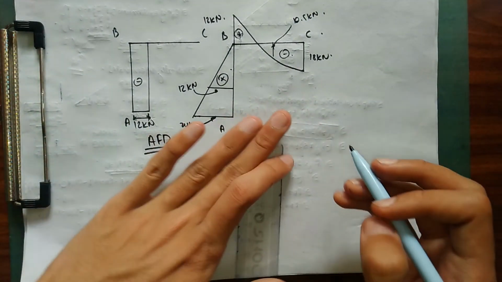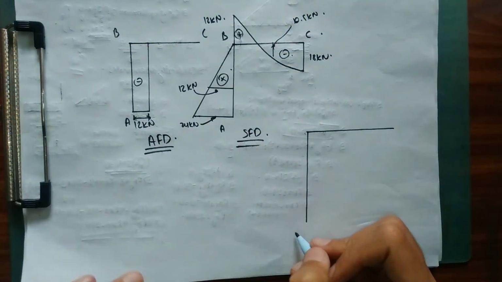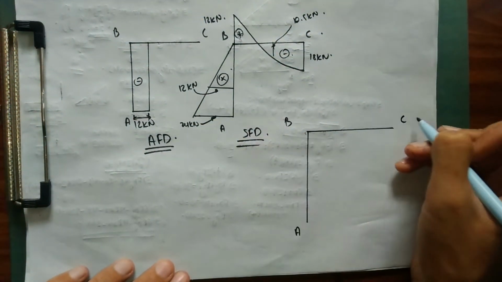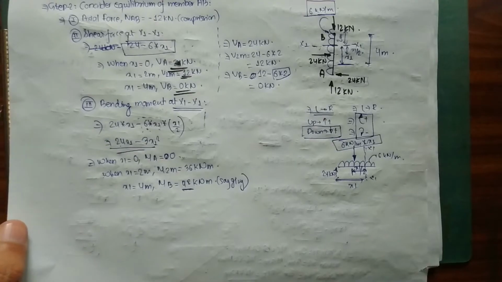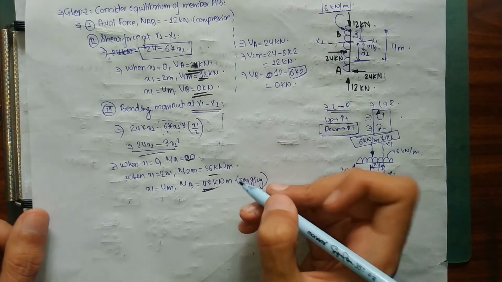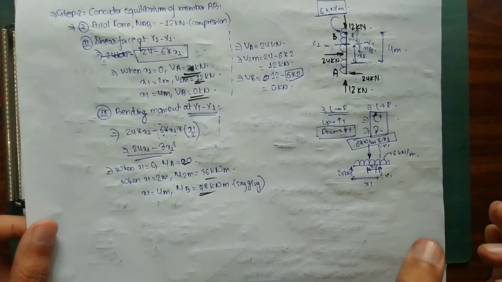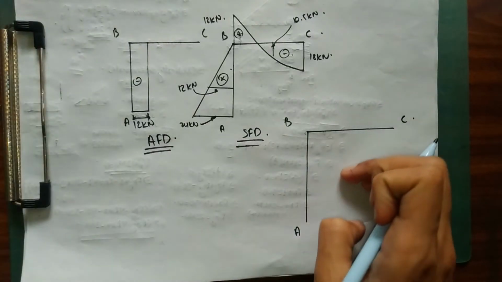Next we have our final, our bending moment diagram. So we're going to draw our side member A, member B, member C, and for our member AB, we found our moment as 0.3648. So we're going to show that, and for our bending moment we are going to show positive downward.